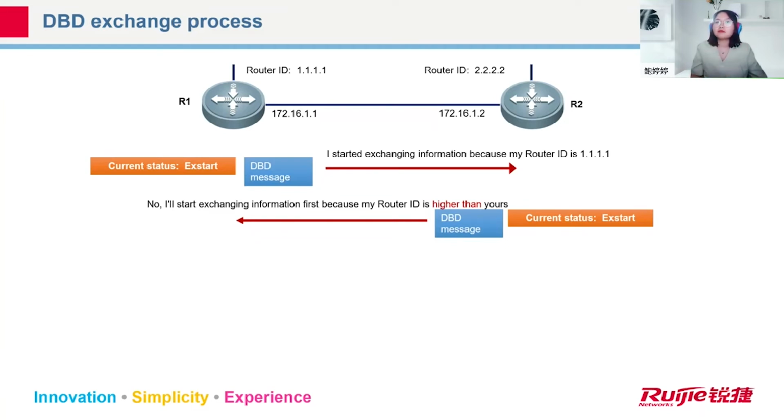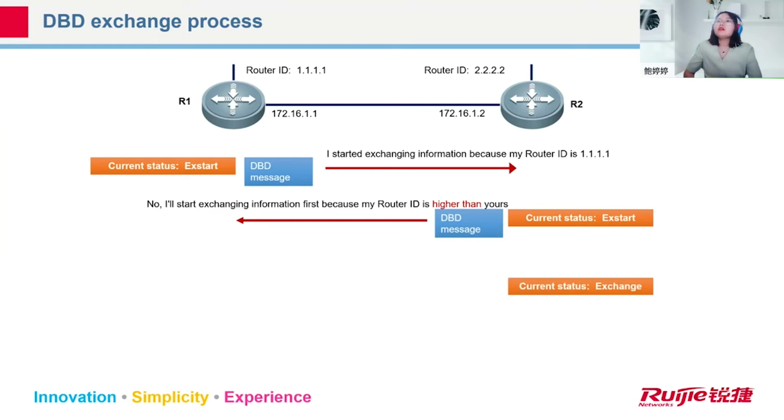We will compare the route IDs in the DBD messages. The higher route ID will become the master, and I will use the sequence number according to the master. So between route 1 and route 2, the route ID of route 2 is higher than route 1.